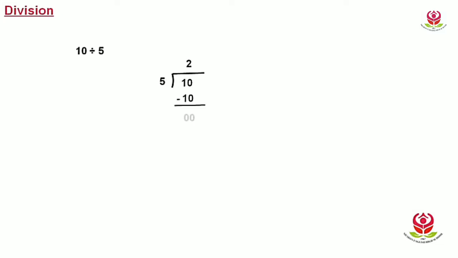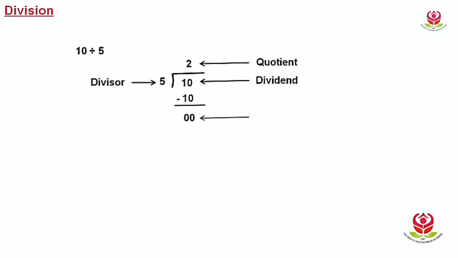Okay, so what is 5 over here? 5 is called the divisor, 10 is the dividend, 2 is the quotient, and 0, the answer which is left, is called the remainder. Okay, so I hope all of you are clear with divisor, dividend, quotient and remainder.